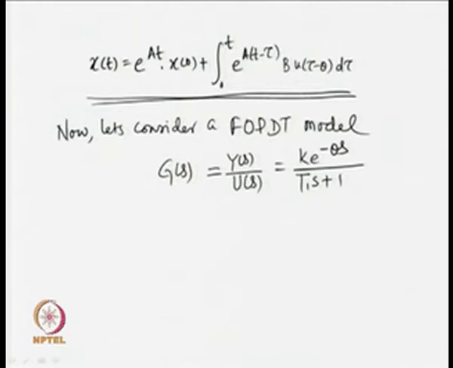Now, when I cross multiply the terms, then I get the same expression Y(s) T1 s + Y(s) = k U(s) e^(−θs).